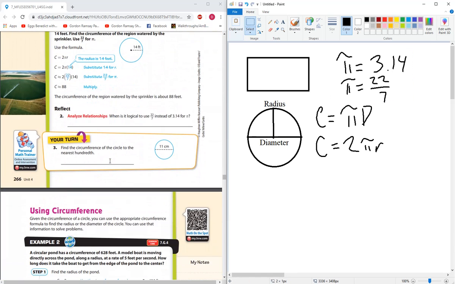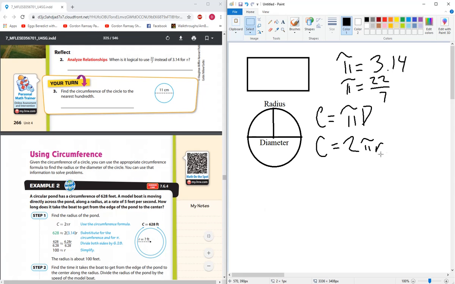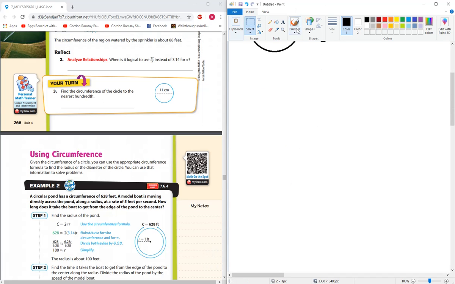So let's do finding the circumference. Find the circumference of the circle to the nearest hundredth. We have 11 centimeters for the diameter. If we're given the diameter, we use this equation because it uses diameter. If we're given the radius, like in this one, we use the bottom one.